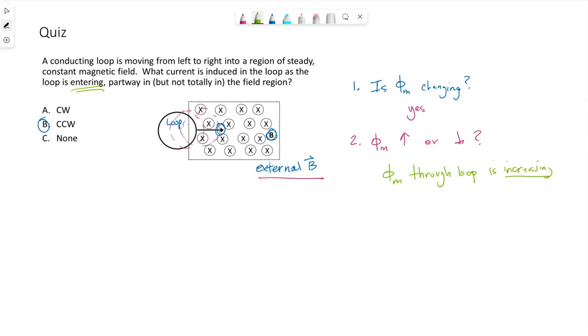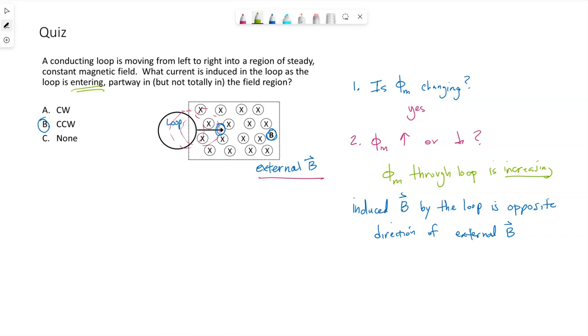If the flux is increasing, then the induced magnetic field by the coil or loop is in the opposite direction of the external magnetic field, the one it's moving through.